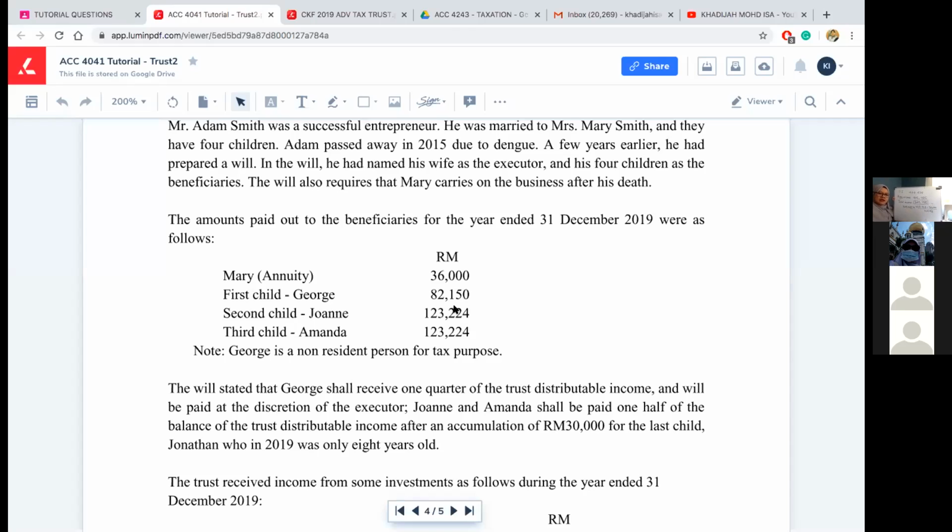So how much is your deemed total income?